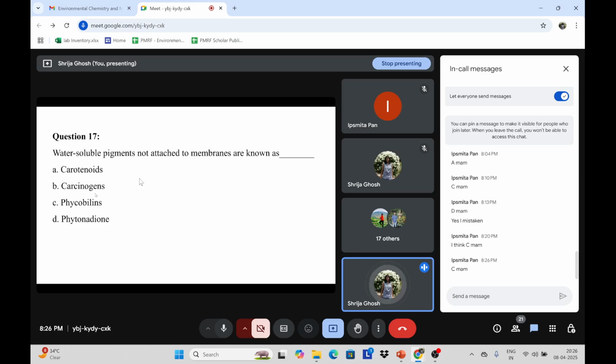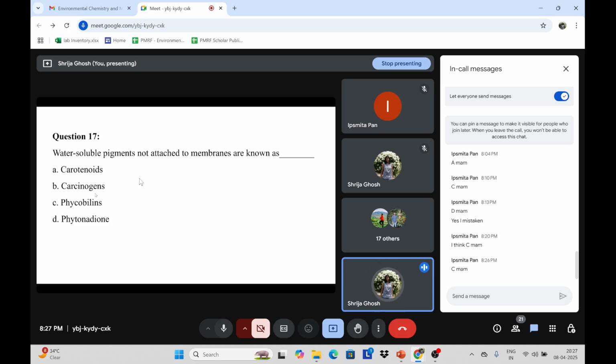So if Smita says option C, phycobilins, anyone else? Come on, everybody, write your answers in the chat box.